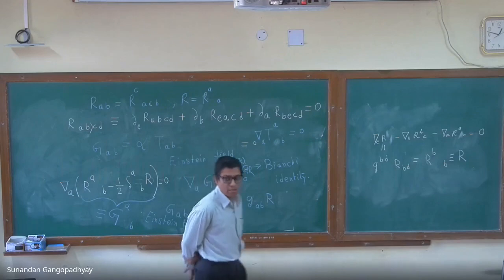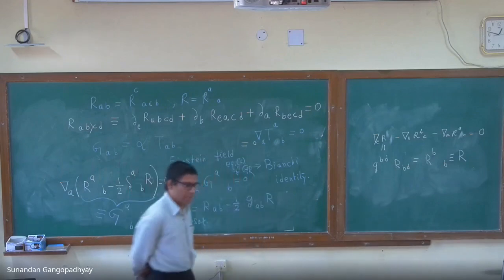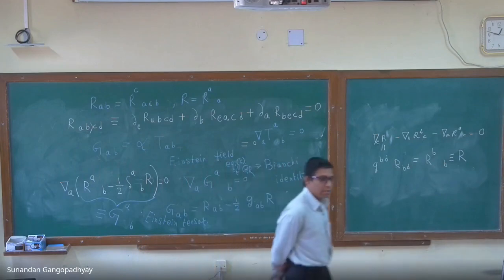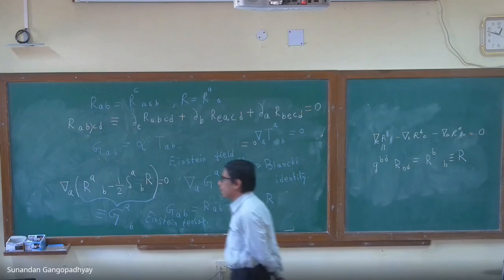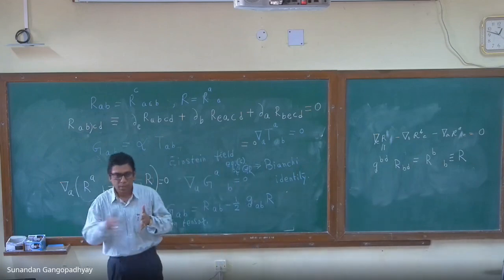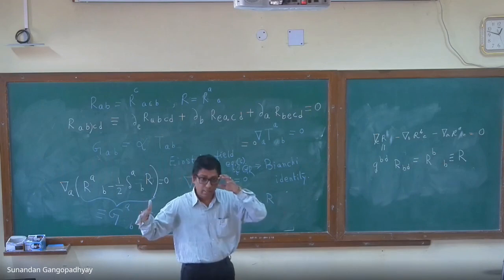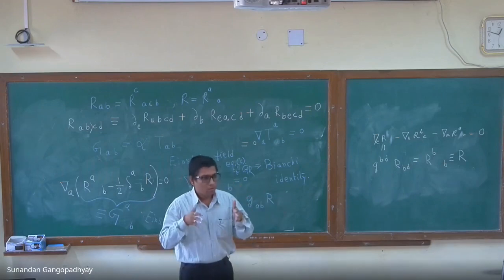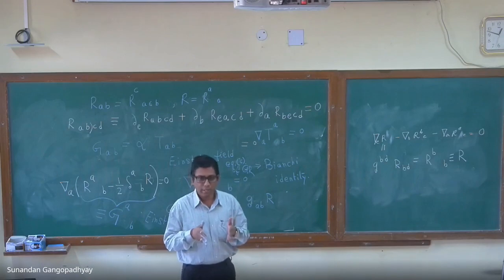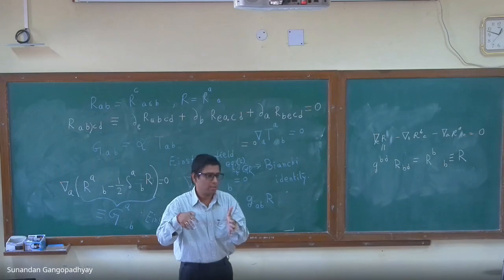And that equation is known as the geodesic deviation equation. We have learned the geodesic equation. Now we will study the geodesic deviation equation. What does that say? You have many geodesics, a congruence of geodesics, and now we want to find an equation for the deviation between two geodesics.